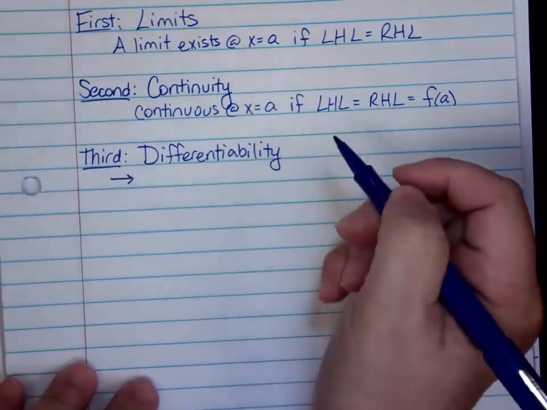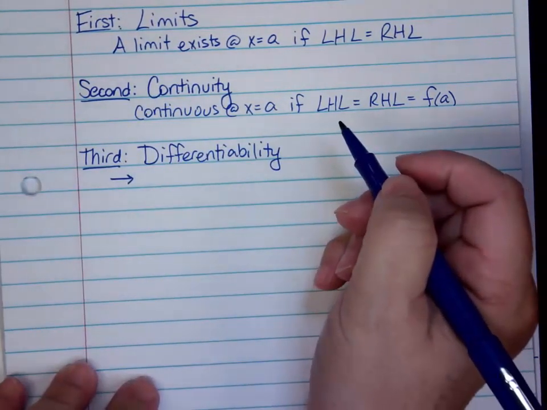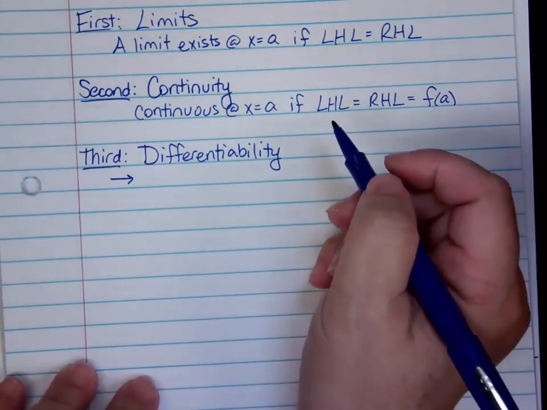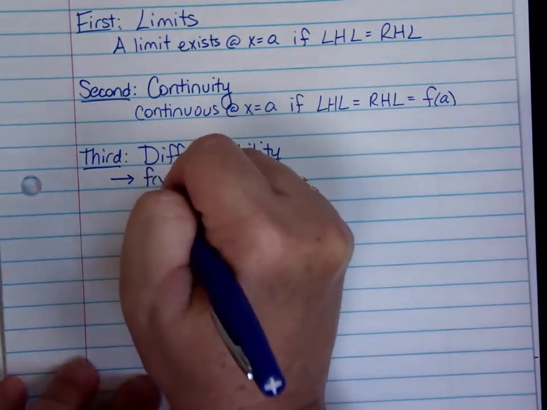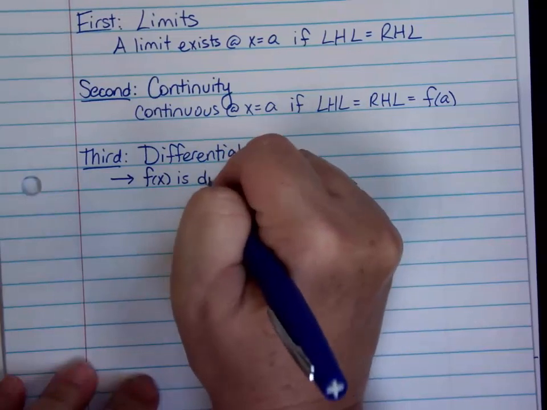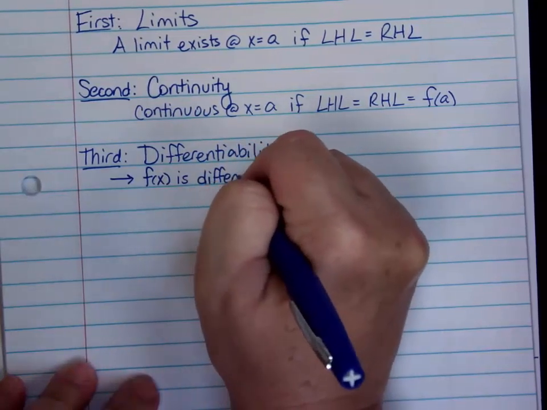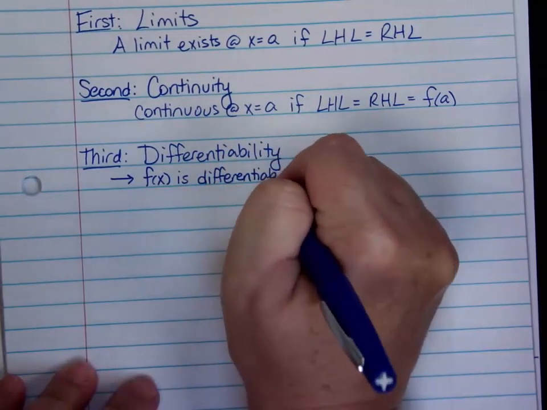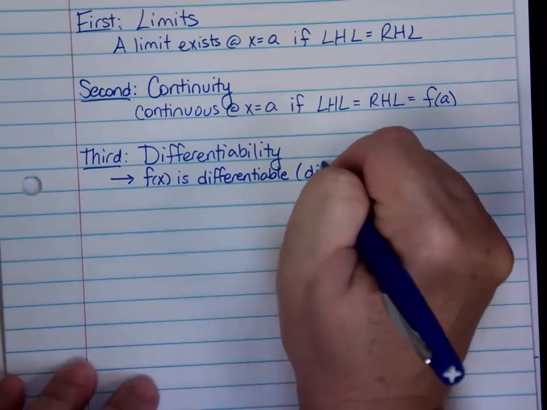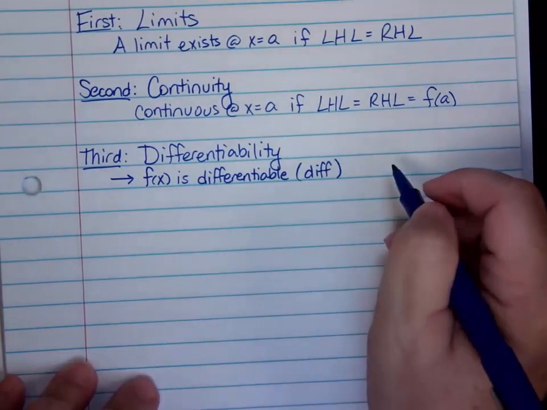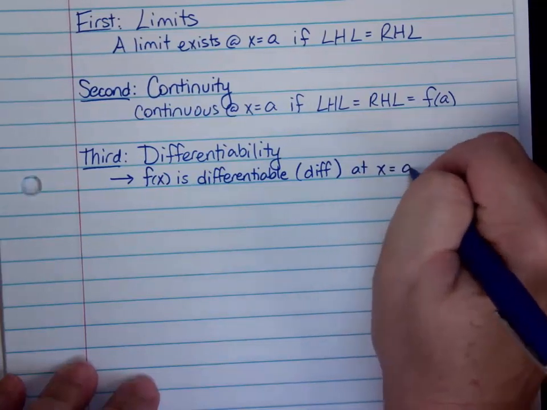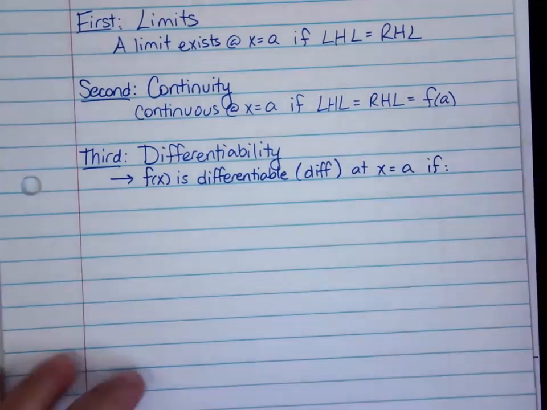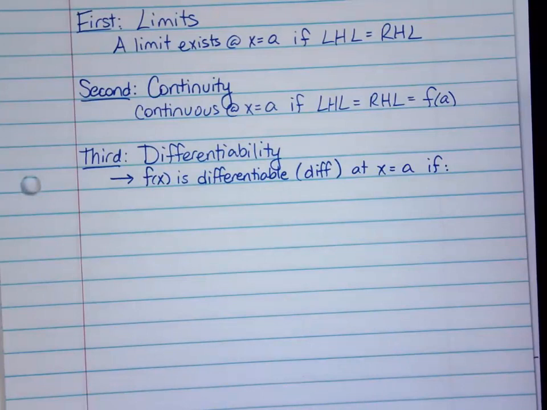So in order to be differentiable, what has to happen? That's what I'm about to tell you. f of x is differentiable, which I'm going to write DIFF, at x equals a if two things are true.